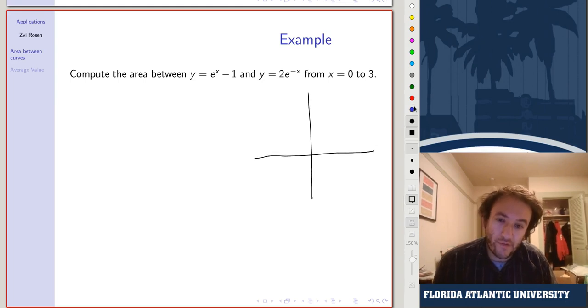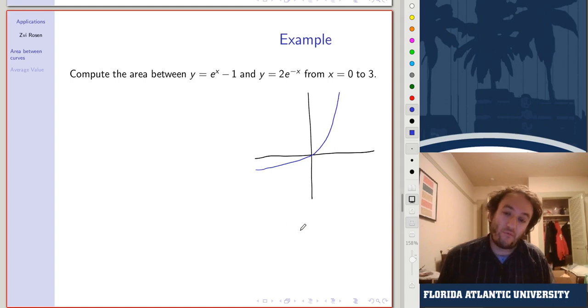Okay, so a typical exponential curve hits the y-axis at y equals 1. But these are a bit different. So the curve y equals e to the x minus 1 will hit at 0, 0. And it'll kind of drag out to the point minus 1 on the left, and it'll get really big on the right.